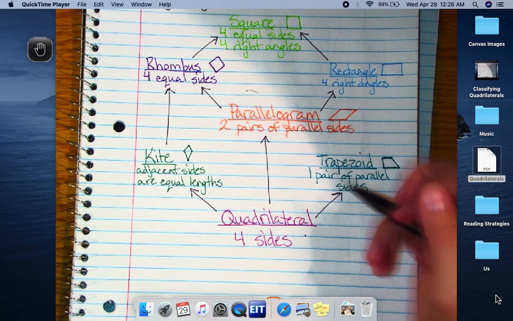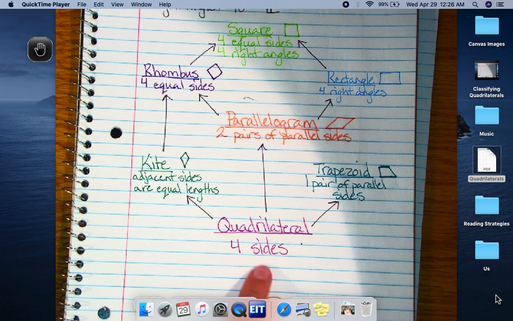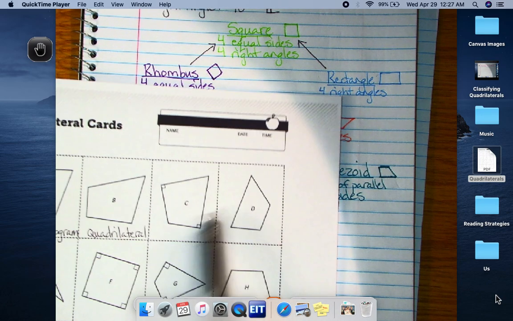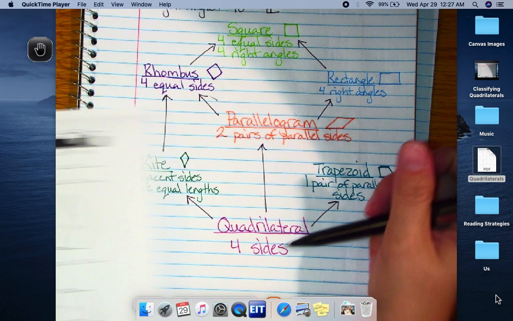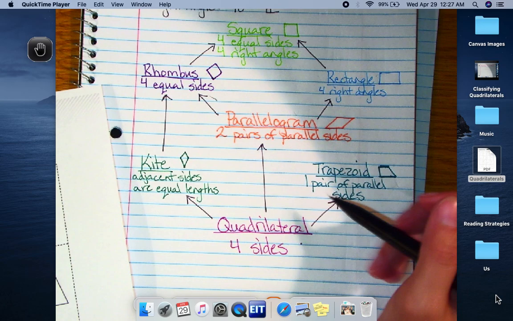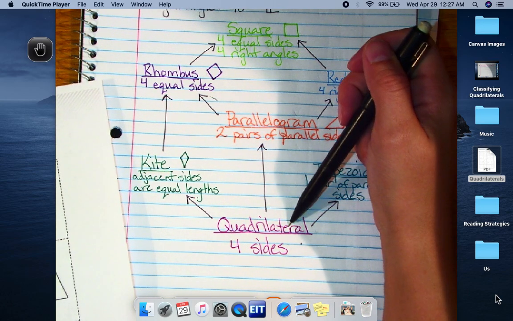When I'm using this chart, I'm thinking of it like a yes or no chart. So, quadrilateral, does it have 4 sides? Option D, or shape D, yes. If it says yes, I can move up the chart, or I can try moving up the chart. So it is a quadrilateral.